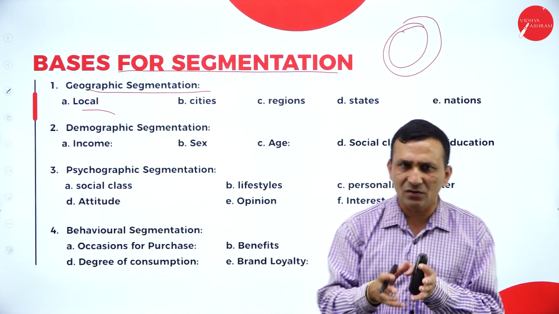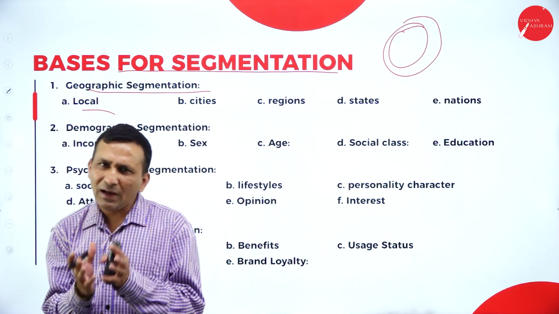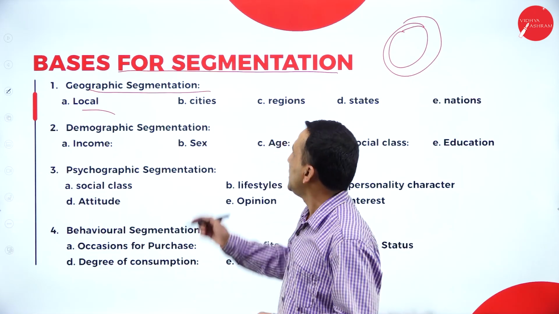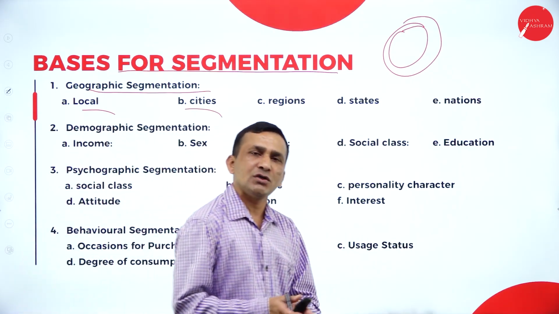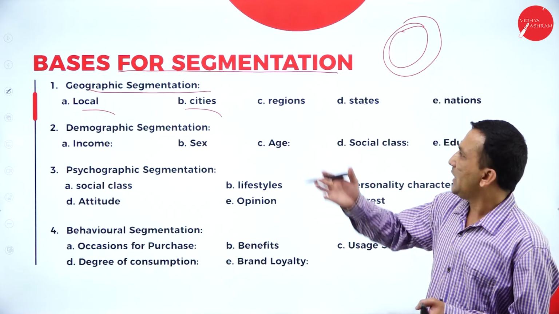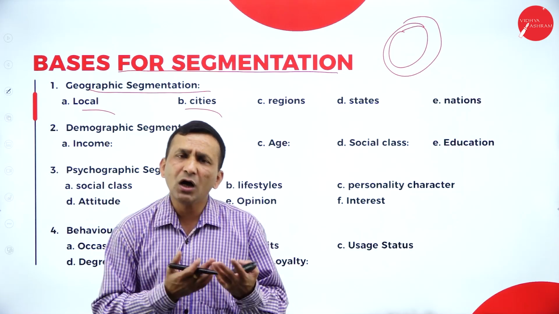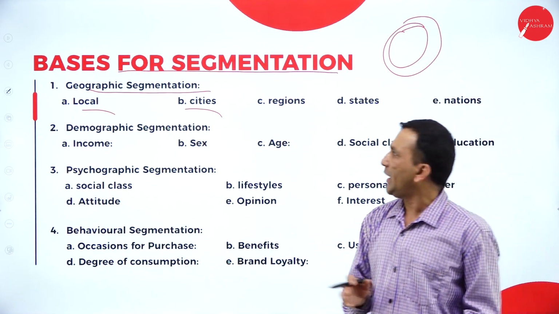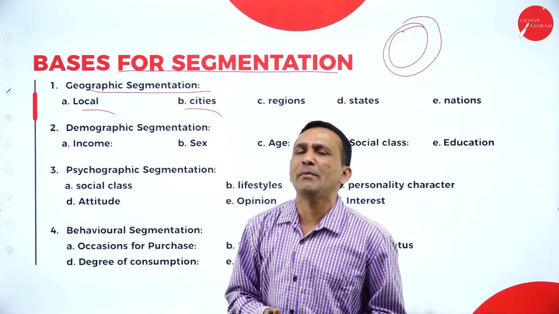Local competitors are satisfying the requirements of local customers. Like this, you need to select the area, or city wise, you are launching a product or offering a service, you need to study whether it is a city, semi urban or rural, where customers are located, either a metropolitan city, you are focusing only on metropolitan.